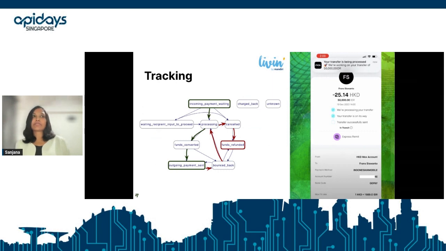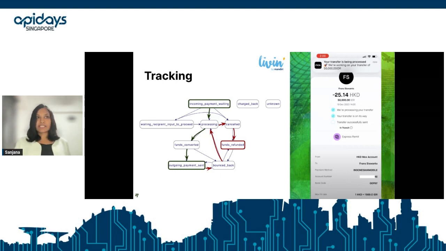Let's dive a bit deeper into how tracking works for each transfer that's created on Wise. There are different statuses, or different levels of tracking, that we provide. Any transfer that's created goes into incoming payment waiting, which just means that the transfer is created but the money has not reached us.